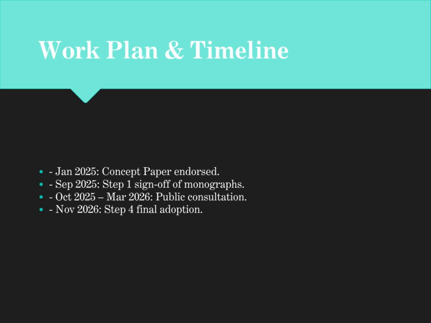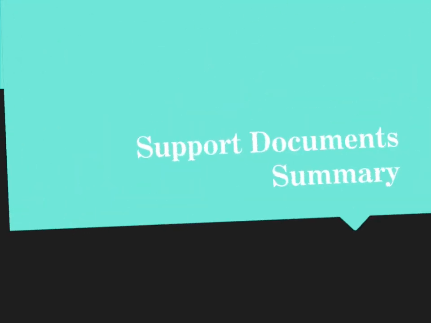October 2025, Step 2 A/2B, opening for public consultation. March 2026, Step 3 closure of comments. November 2026, Step 4 final adoption. This ensures transparency and scientific rigor through all stages.